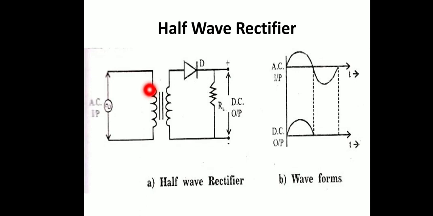However, the minority carriers, free electrons in the p-type semiconductor, experience a repulsive force from the negative terminal of the battery. Similarly, the minority carriers, holes in the N-type semiconductor, experience a repulsive force from the positive terminal of the battery. As a result of this, the minority carriers start flowing across the junction.